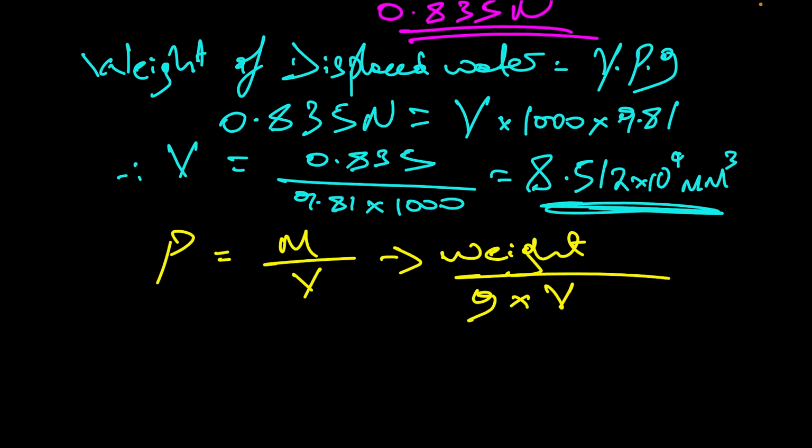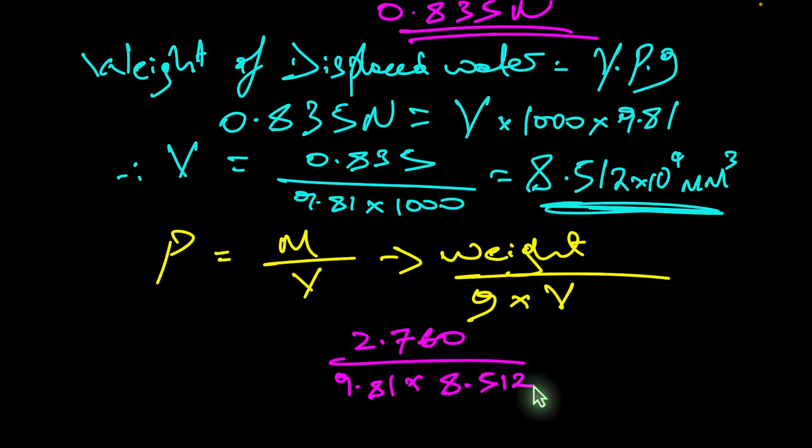So let's tidy up our equation here now. So our weight is then 2.760 divided by our gravity multiplied by our previously calculated volume, which is 8.512.